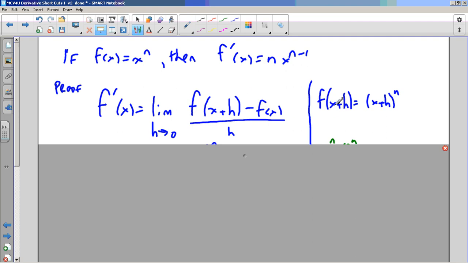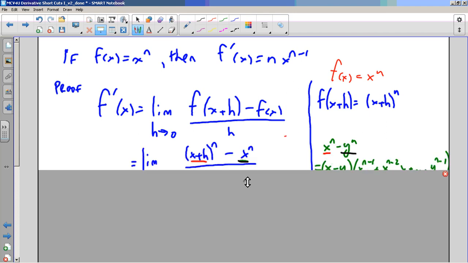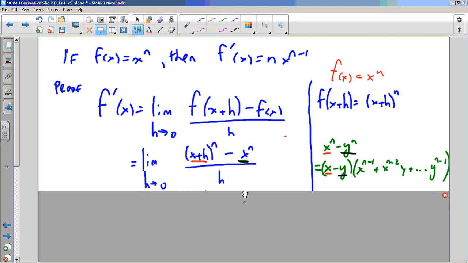Where the function is x to the exponent n, putting x plus h in for x, I've got that expression. And remember that warm-up we did the other day where we factored some stuff? This is like x to the exponent n minus y to the exponent n. This is what we did the other day.